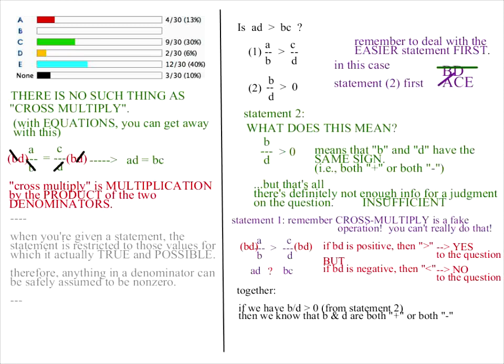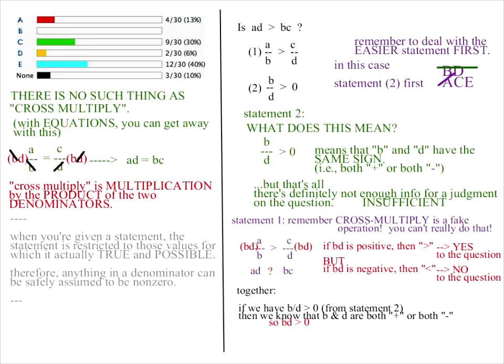Notice the quantity with which we are concerned is BD. We don't care about individually B or individually D because that's not what we care about. What we care about is the product. But if this is the case, we know that BD is positive.